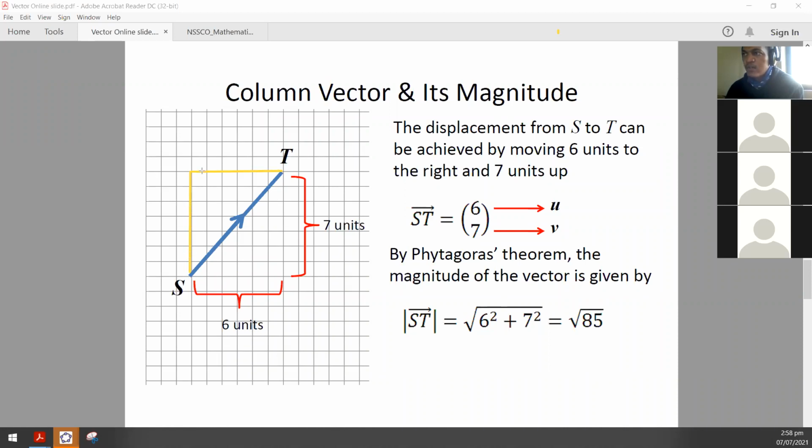So for x, starting from here, it will be 1, 2, 3, 4, 5, 6, and that's the 6 for x. And then the y values will start over here, 0, 1, 2, 3, 4, 5, 6, 7, and that's 7 for the y values.